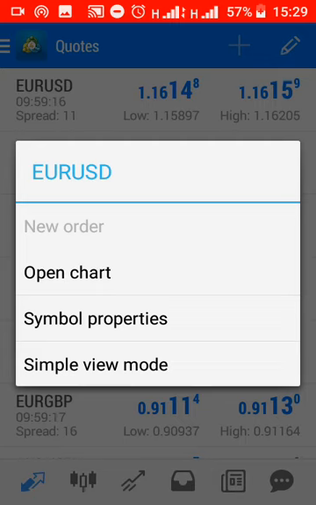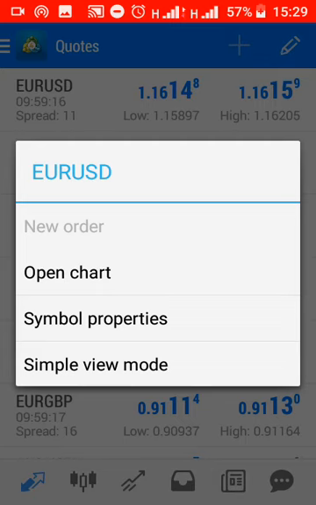And then you can open a chart. You are going to see the chart on the second menu, and you can even see the symbol properties. You can select the view mode, how you want to see your pairs, and change from one view to another according to how you want to view it.